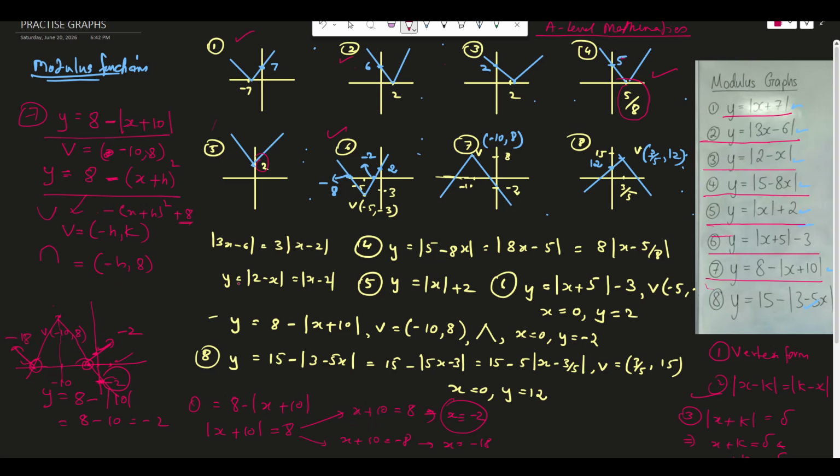Now you can compare this with this answer. Can you see the y-intercept is minus 2? And the x-intercepts will be minus 2 and minus 18. I hope you understood, right?